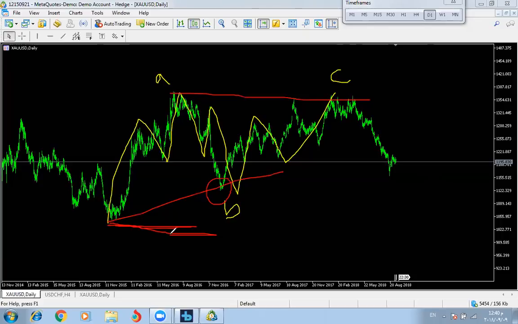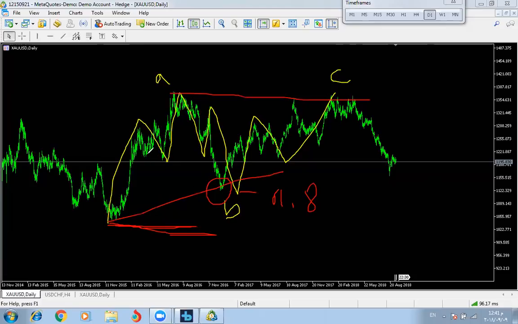This is a regular flat where wave B is something away from the start of wave A. But if we apply the rules of Elliott theory, wave B could be up to 61.8 of the Fibonacci ratio in relation to wave A. So this is where B might have ended right there.